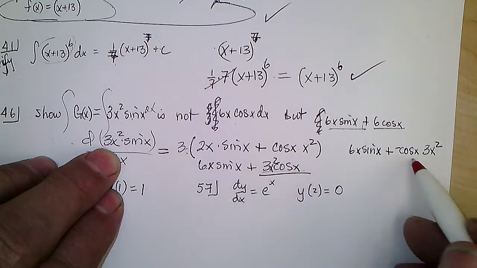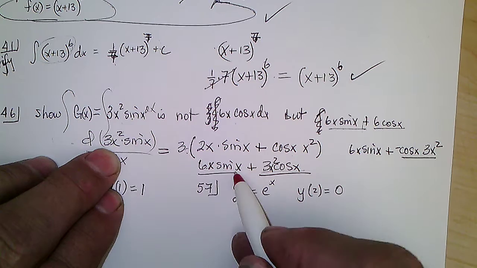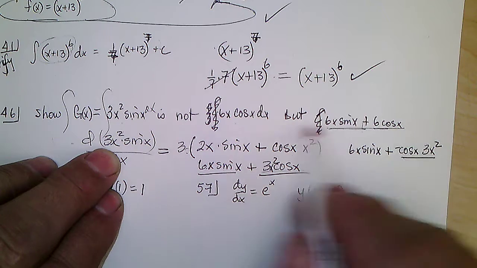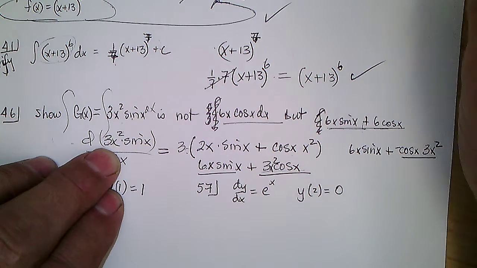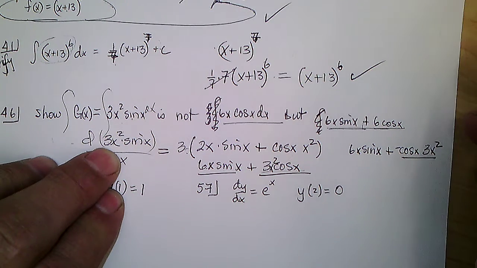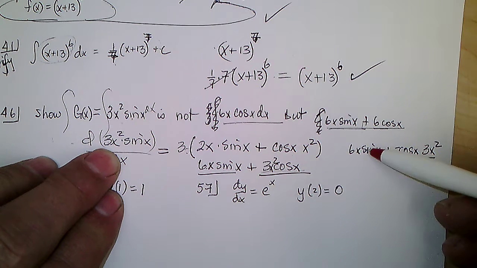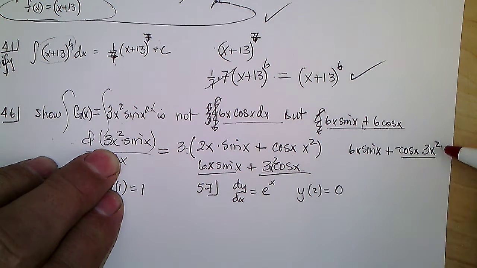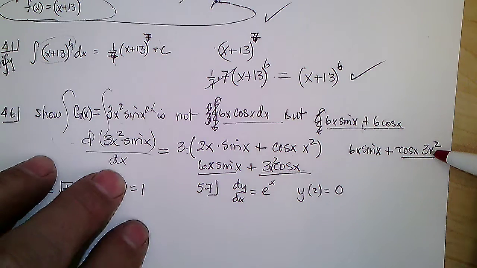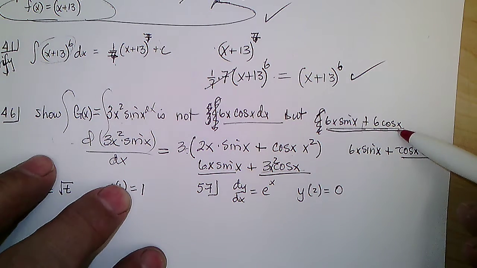There we go. Which is, oh, not that or that. Which one? So I must have copied something wrong from the book. It's neither of the ones I wrote down. 6x sine x plus 6 cosine x.